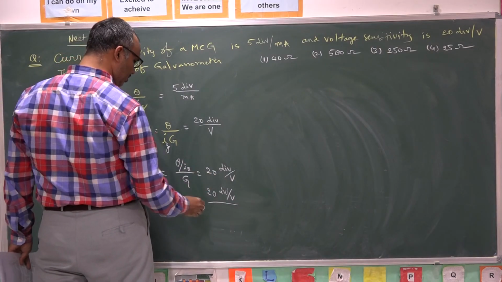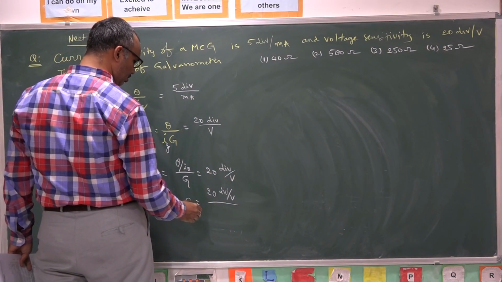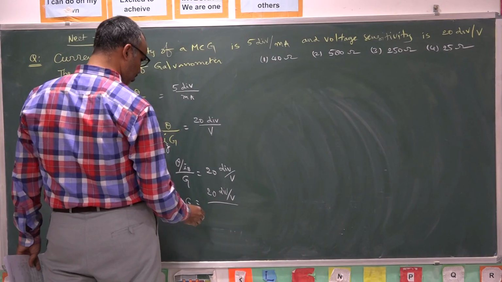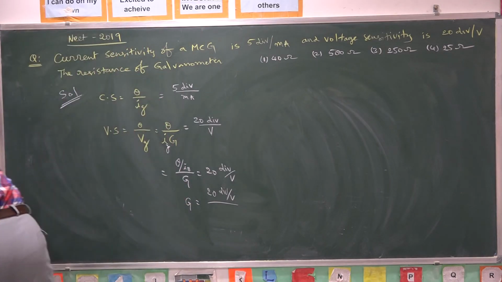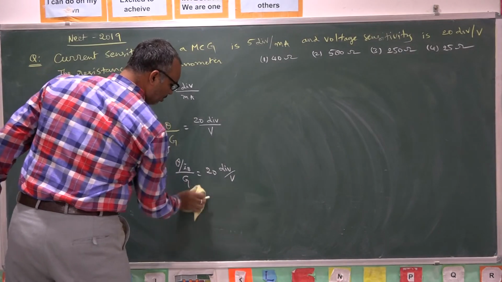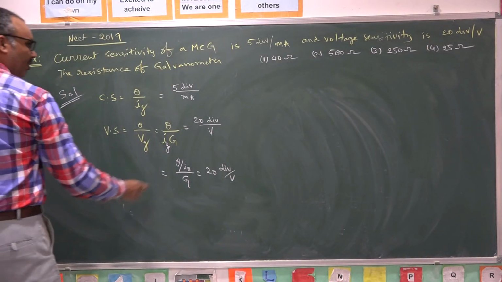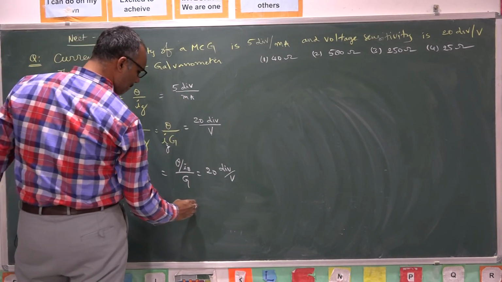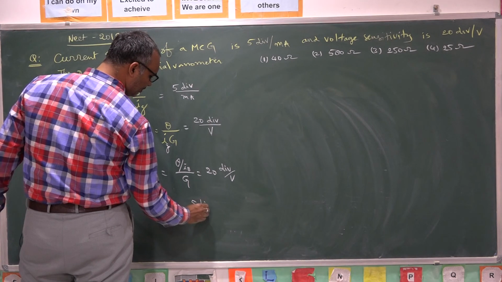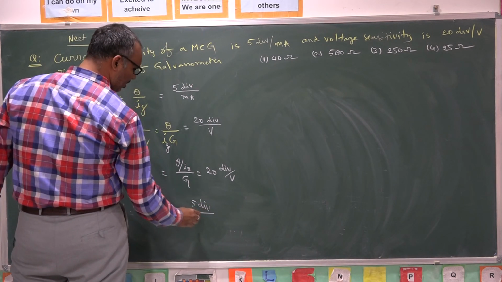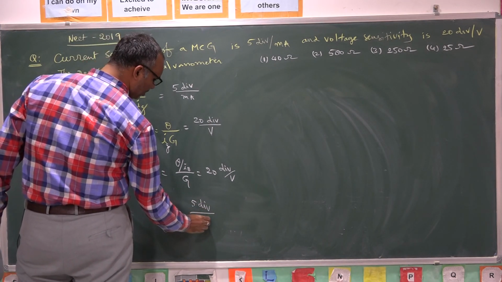G you want means, simply you substitute the value here. Theta by Ig is 5 divisions per milliampere, that is 10 power minus 3 amperes.